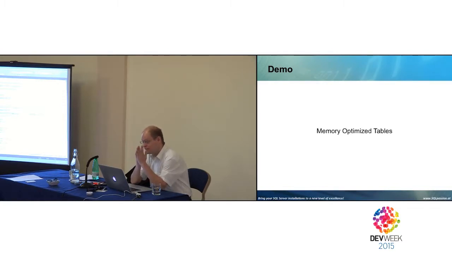So in the first step, we have to add to our database a file group which contains memory optimized data. That file group that we are adding here is mainly a file stream file group that you already know from SQL Server 2008.